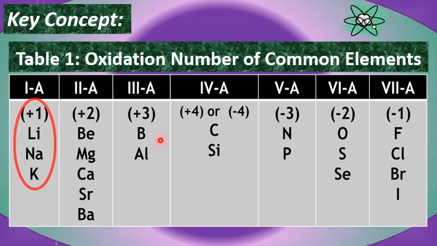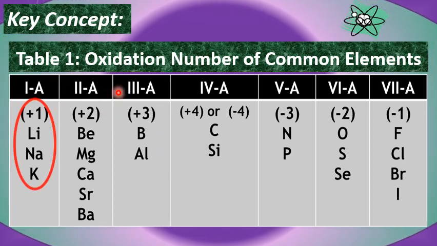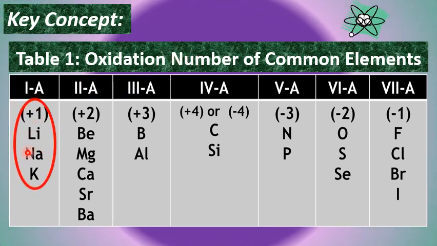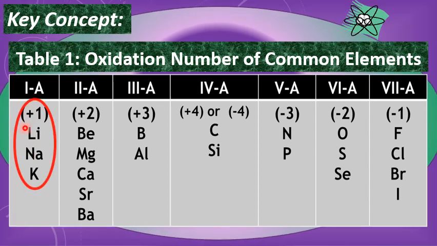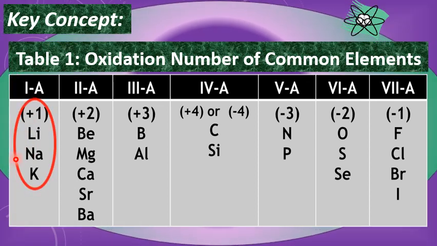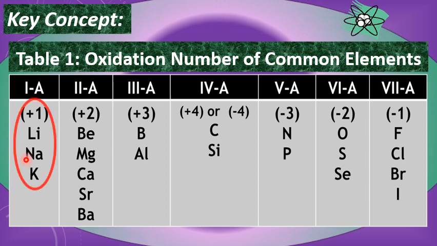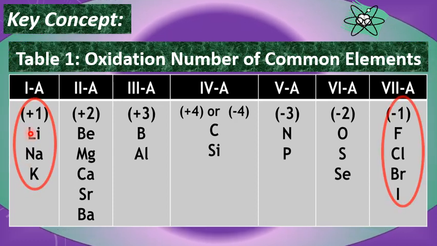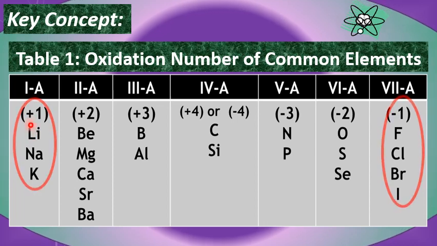The elements of group 1A have an oxidation number of +1. This means that these elements are capable of losing one electron to other elements during chemical combination.